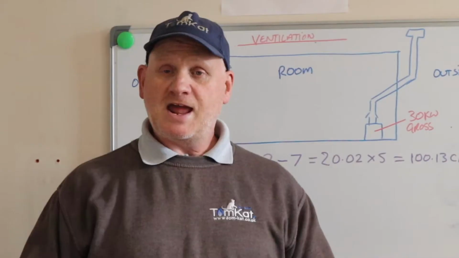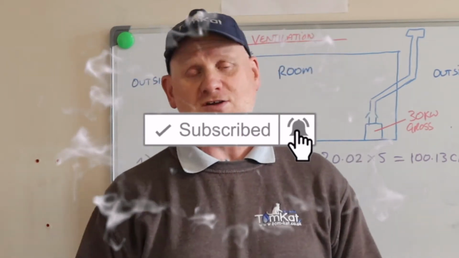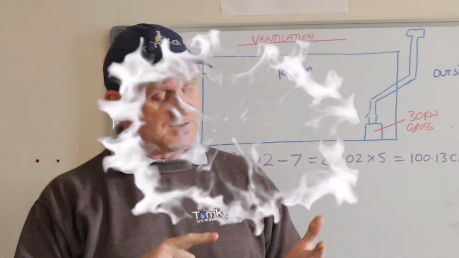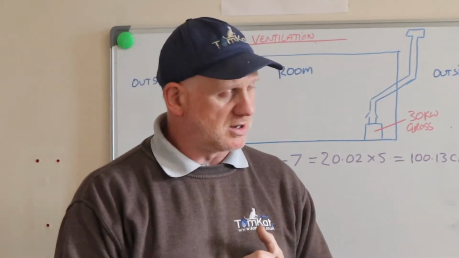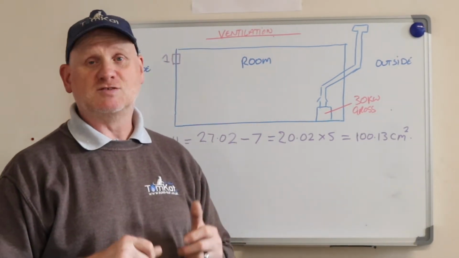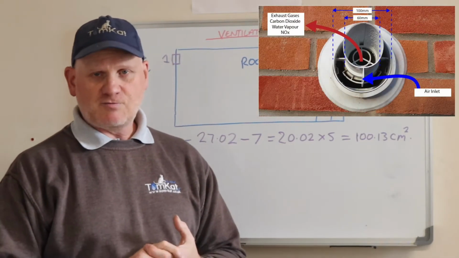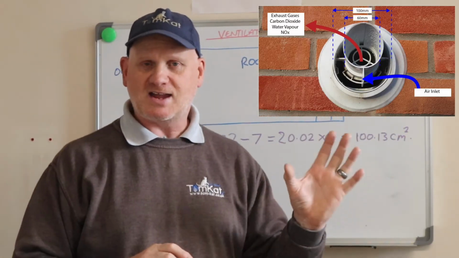Now, there is no boiler on the UK market that requires ventilation. Whether it's a heat only boiler, a system boiler or a combi boiler, they do not require purpose provided ventilation for combustion, because they're room sealed, they get their air for combustion from outside.